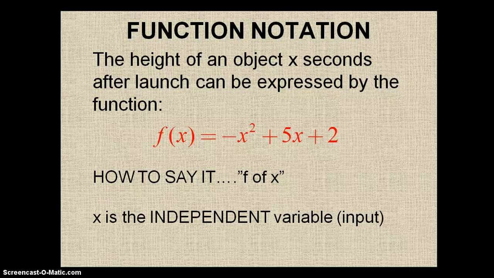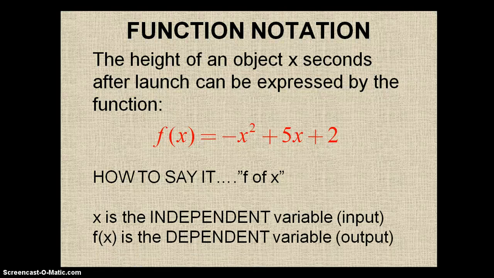I can plug in a value for x, and I will be given an output value in the form of f of x. f of x would be considered the dependent variable. We will get further into evaluating functions, but this is just an example of questions or problems that you will be able to complete by the end of this unit.